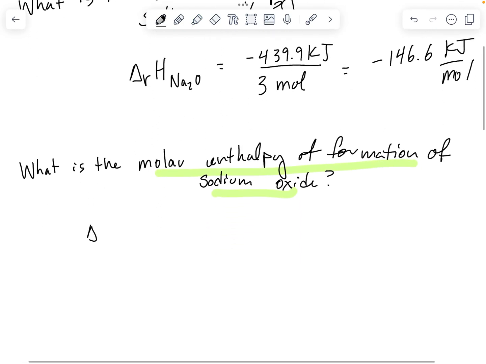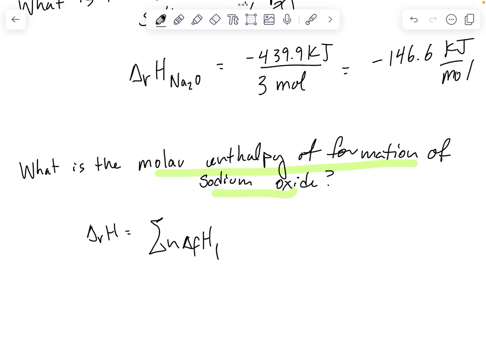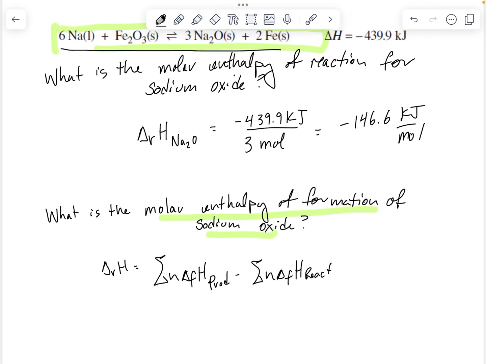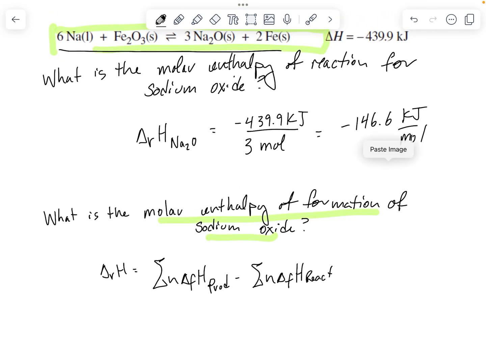So I know that my reaction enthalpy is equal to the sum of the number of moles times the formation enthalpy of the products minus the sum of the number of moles times the formation enthalpy of the reactants. I'm going to use that knowledge, and this is the reaction enthalpy.